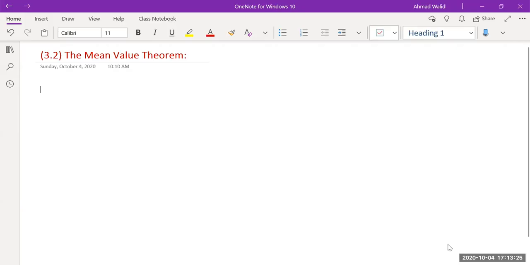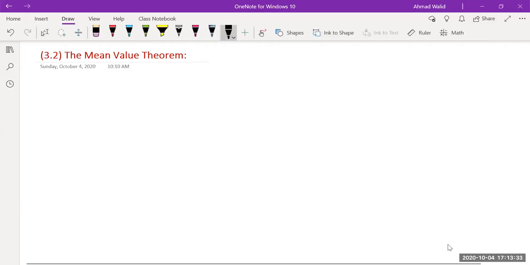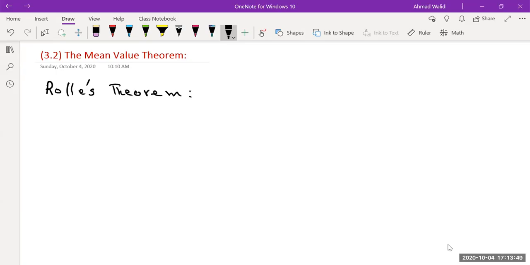3.2 is about the mean value theorem, but before I focus on the mean value theorem, let me introduce to you another theorem, which we call Rolle's theorem.